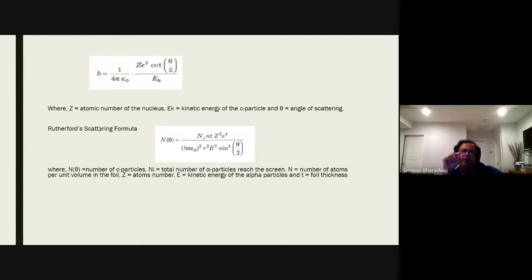So the nucleus has a net charge of z times e, and an individual particle will have a corresponding e, right? Therefore you end up with 1 by 4 pi epsilon naught, z e square by r, and r is b by cot theta by 2. Using simple mathematics, he introduced the corresponding b.